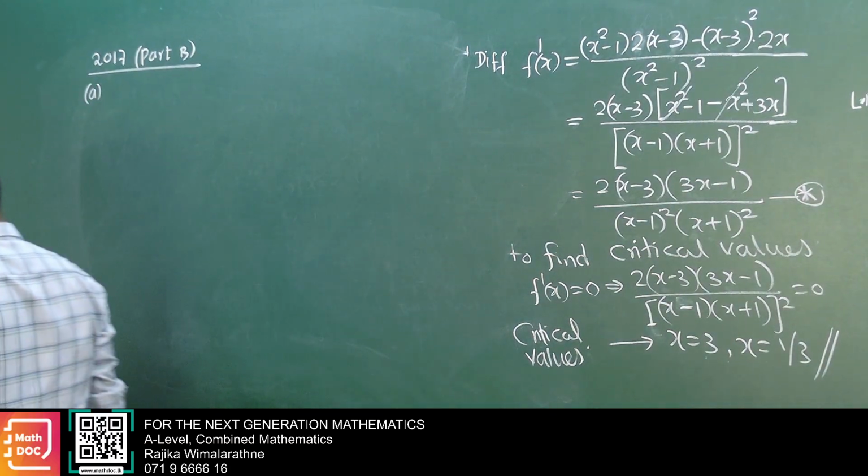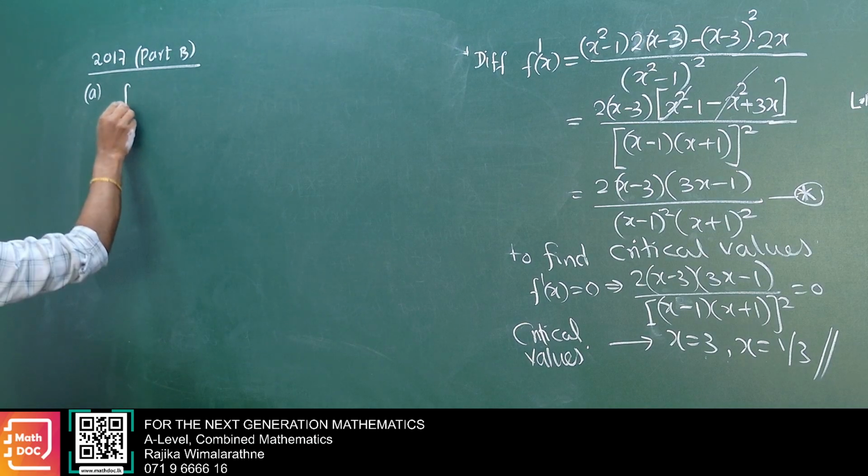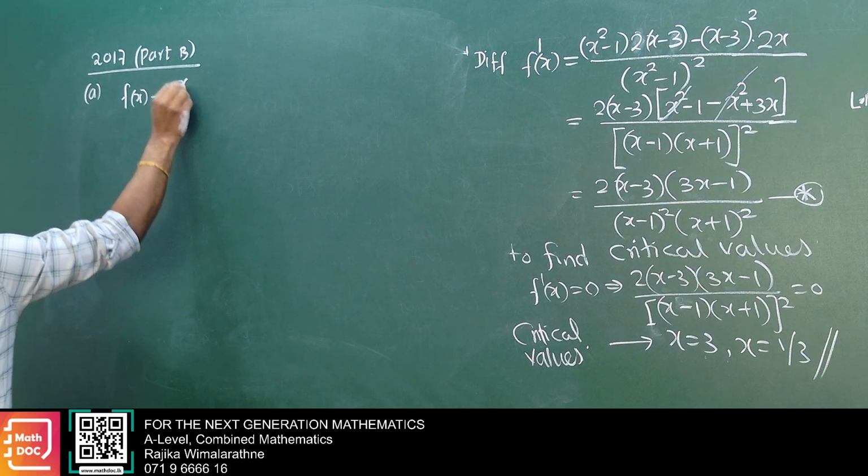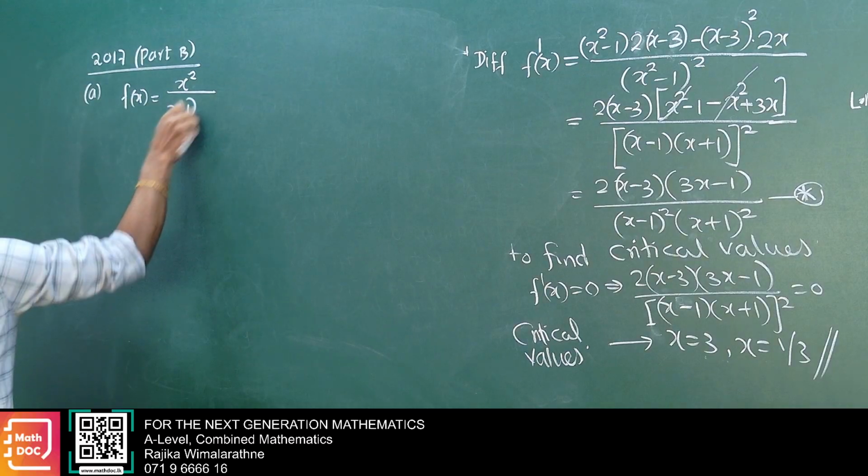2017. f(x) equals x square over (x minus 1)(x minus 2).